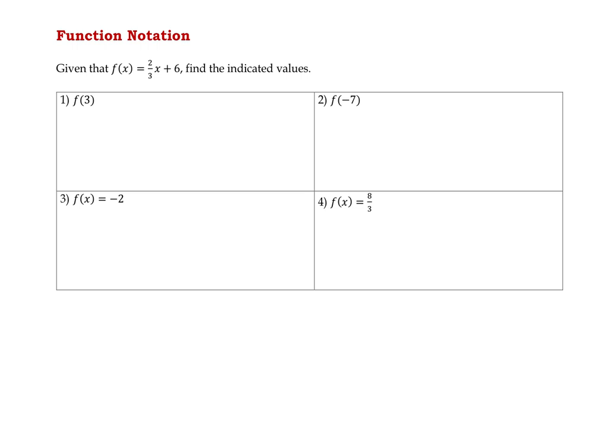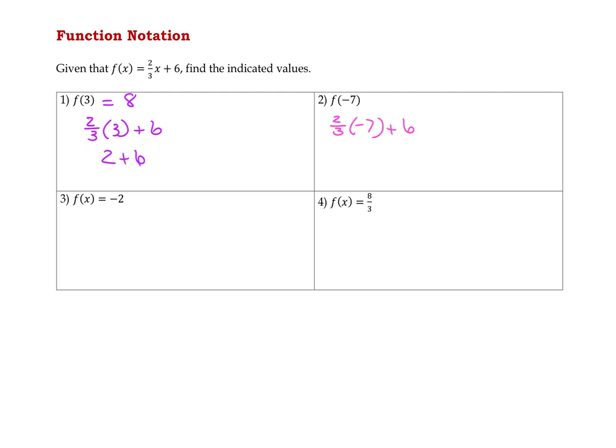So f at 3 is telling me x equals 3. And I am to plug in that value and find its y, or output. So it's 2/3 times 3 plus 6, and then that is 2 plus 6, which is 8. Okay, the next one is -7, so 2/3 times -7 plus 6.